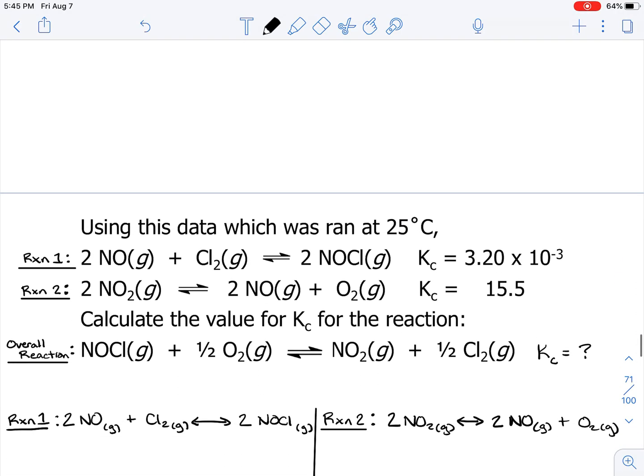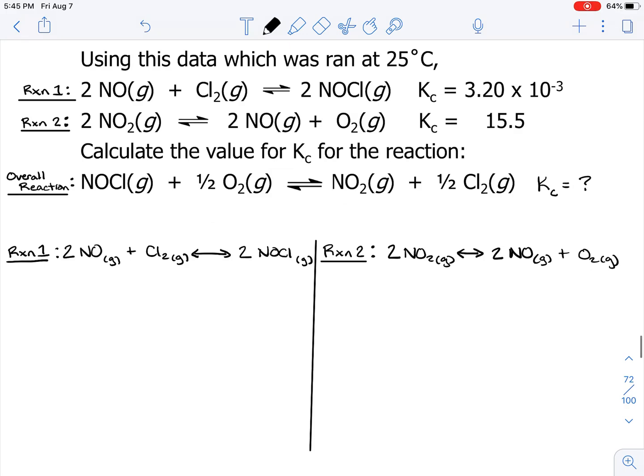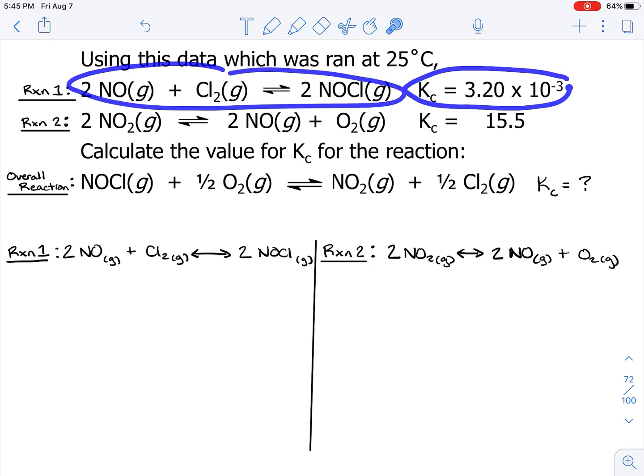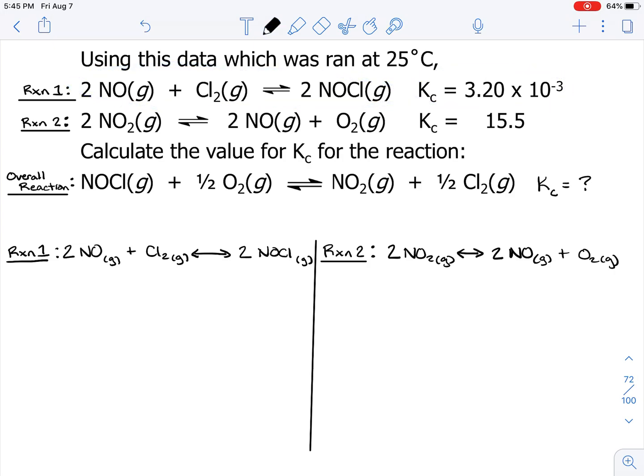So let's go ahead and take a look at one last example here. So we have two chemical reactions. We have this chemical reaction with this specific equilibrium constant. And so I'm just going to go ahead and put in Kc1.